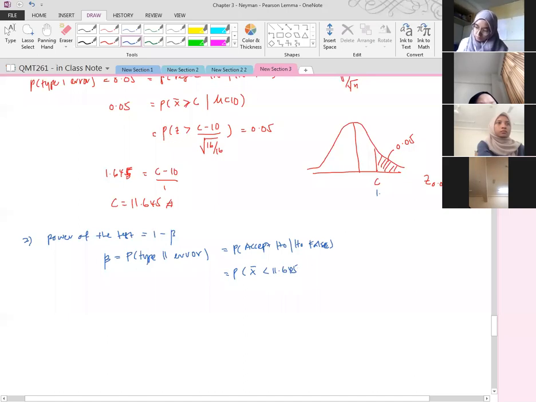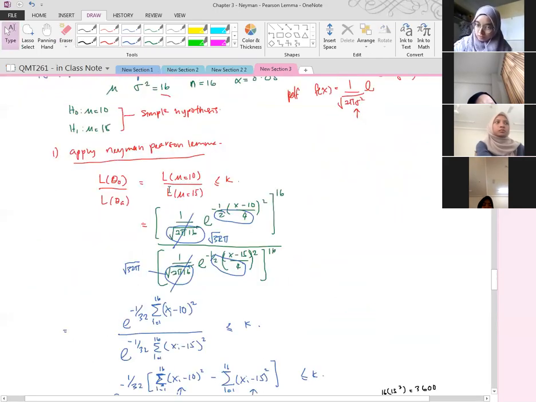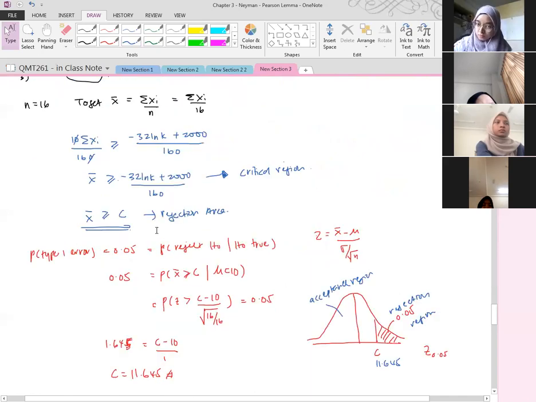This is the acceptance region and this is the rejection region. When the null hypothesis is false, mu should be equal to 15, the alternative hypothesis.